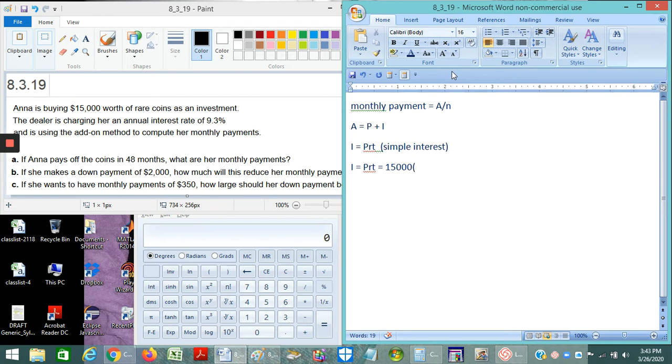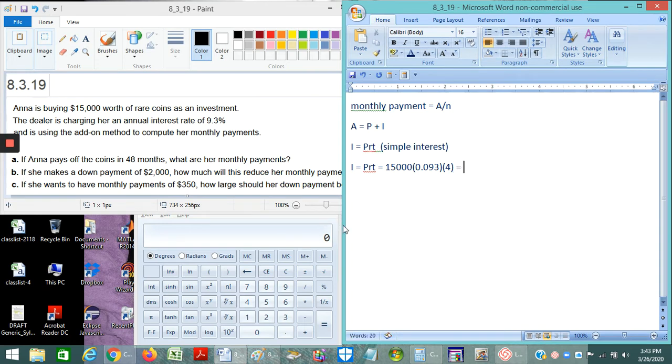So for your calculator, that's in decimal form, 0.093. And then we'll also multiply by the amount of years. Well, they don't straight out tell us how many years there are, but they do tell us 48 months, right? And 48 months is 4 years. So we'll put in times 4.